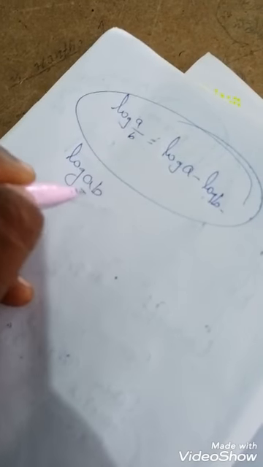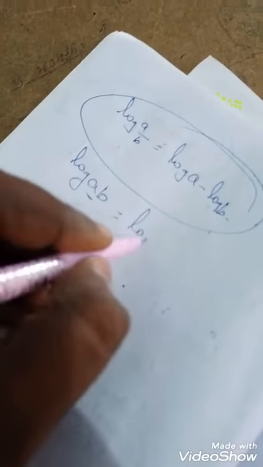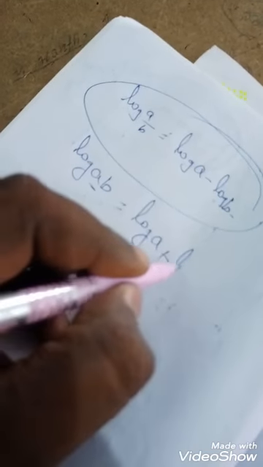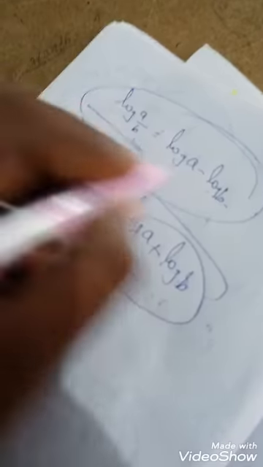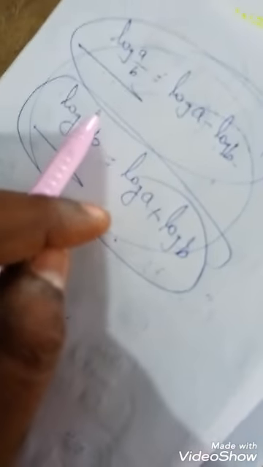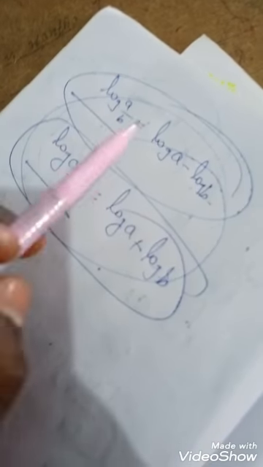Log AB can be written as log A plus log B. This is log AB, this is log A by B. Listen carefully students.